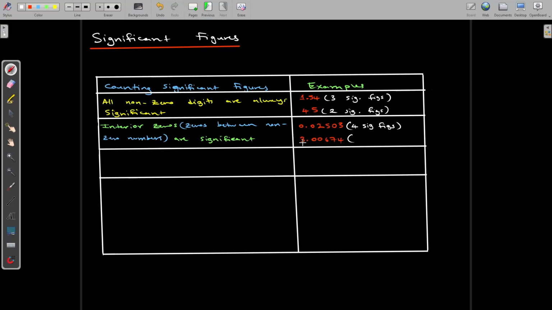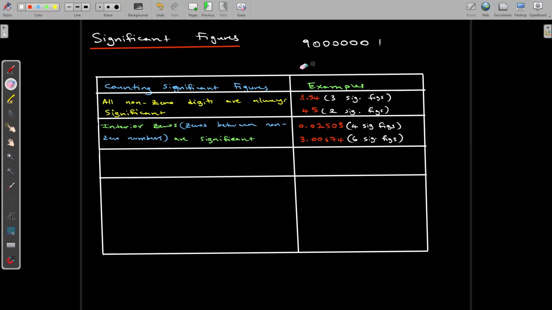Aren't these non-zero digits, and we have zeros between them. So we have 6 significant figures. As long as it's between, even if we have 9 0 0 0 0 0 1, these zeros are between, so they would count.